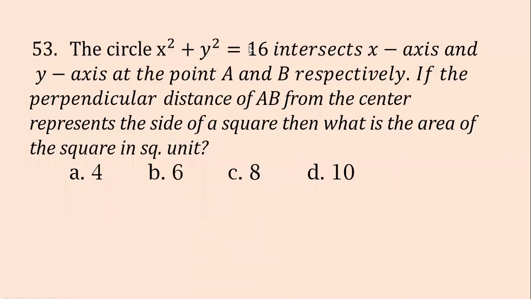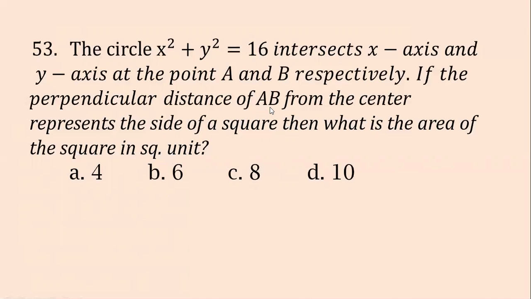That is, this circle intersects x-axis at A and y-axis at B. If the perpendicular distance of AB from the center, here the center is 0, 0, so from the center to AB, the perpendicular distance, if it is the side of a square, then what is the area of the square in square units?